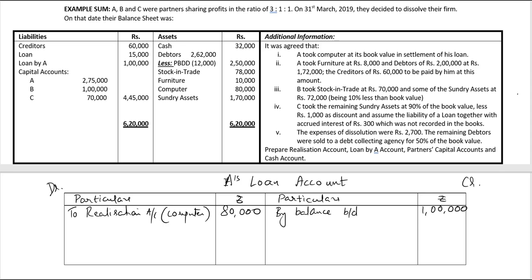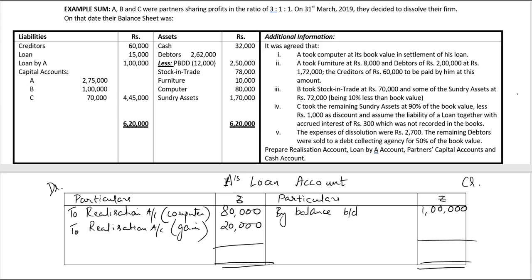And against a payment of 1 lakh rupees, the firm has paid only 80,000. So the firm makes a gain. The gain has to be transferred to realization account because it's a nominal account. So the amount of the gain, 20,000, will be taken to realization account itself. And A's loan account balances.